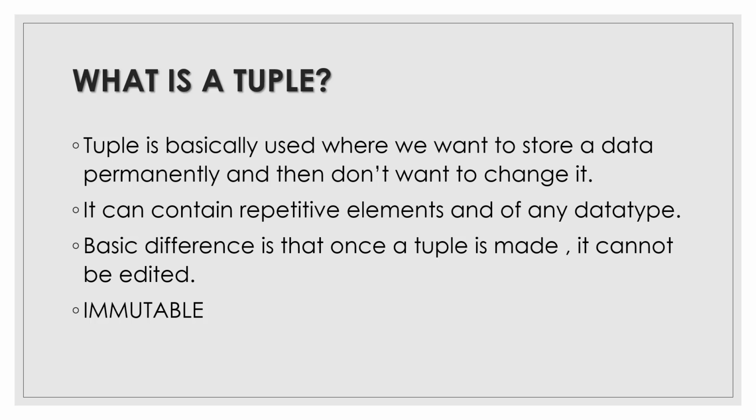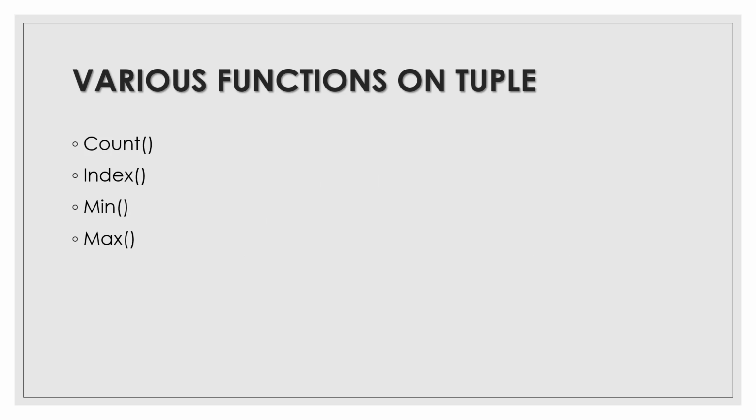And also the sort function, because sort basically takes place in the same list. Since we cannot edit it once it has been created, we cannot do that. Now the functions that are available on a tuple are count, index, minimum and maximum. So let me show you its implementation.